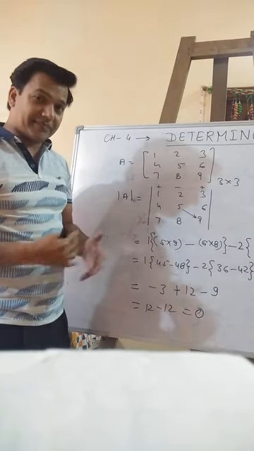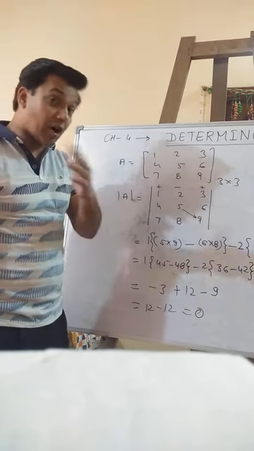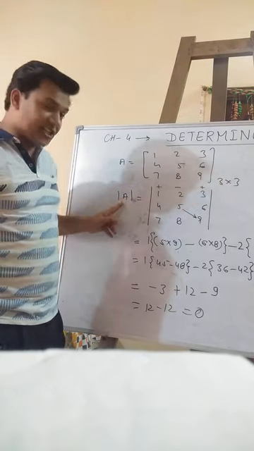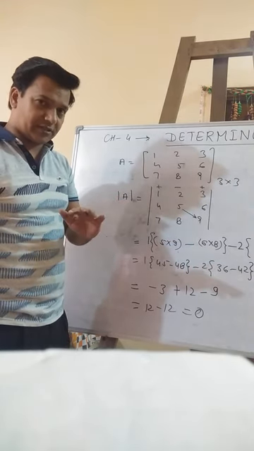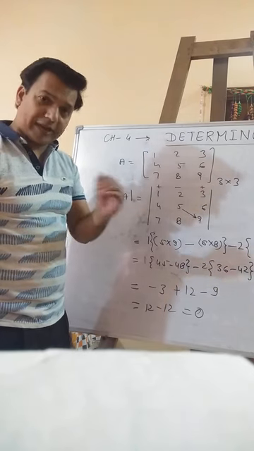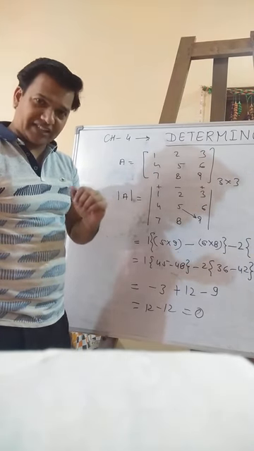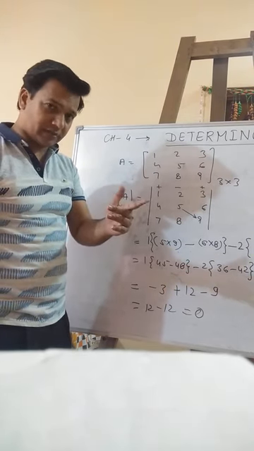The second difference is order. A determinant must be square, like 2 by 2, 3 by 3 or 1 by 1.